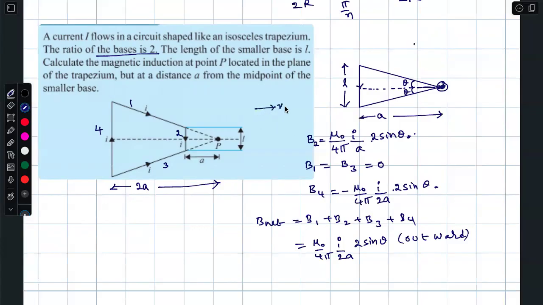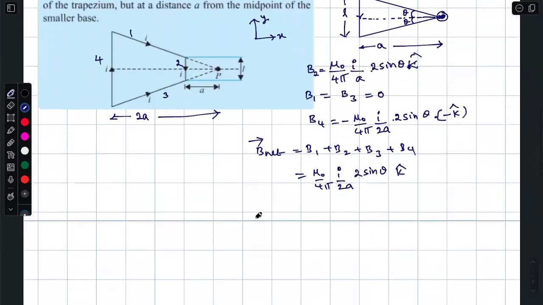To avoid confusion, I will take this as x, this as y. ఓకే, anything outward is k cap, minus k cap. ఇప్పుడు నువ్వు చెప్పు, k cap component ఇది పెద్ద వాల్యూవా, minus k cap component పెద్ద వాల్యూవా? ఆబ్వియస్గా net ఫీల్డ్ ఏం కావాలి? బాయ్స్ ఎనీ డౌట్స్, ఆర్ వి క్లియర్?